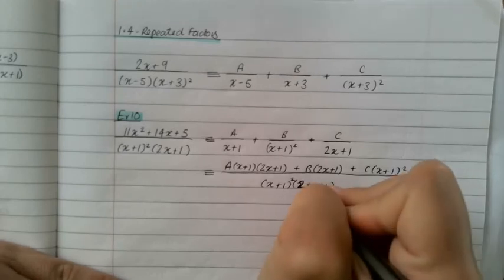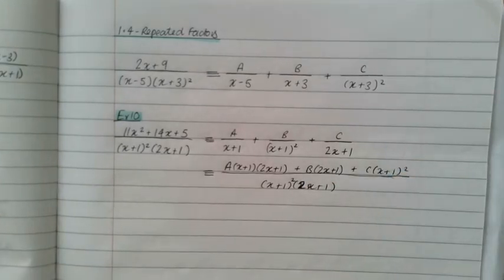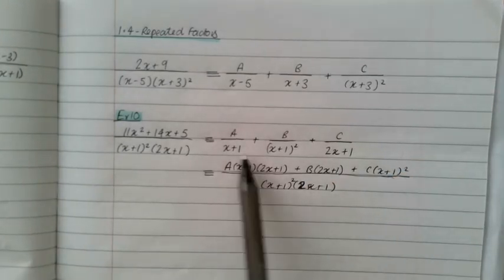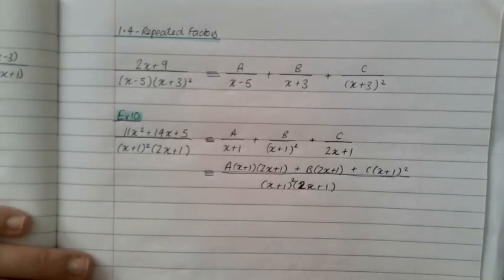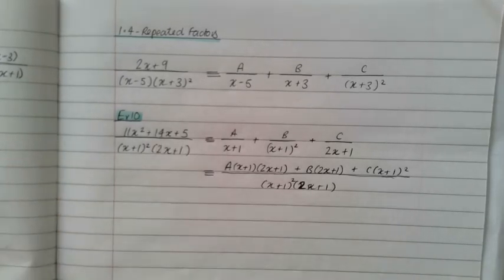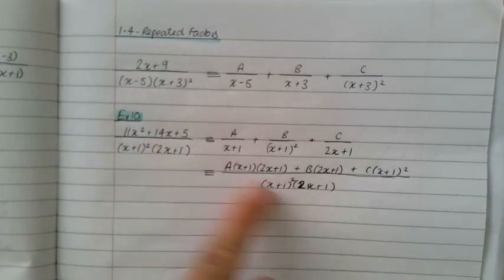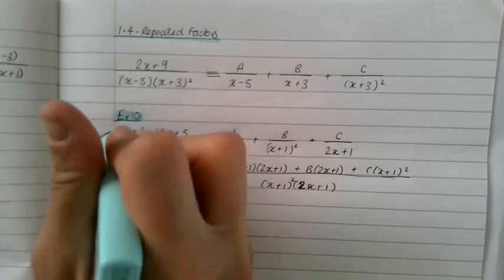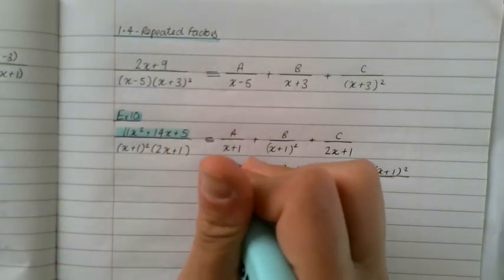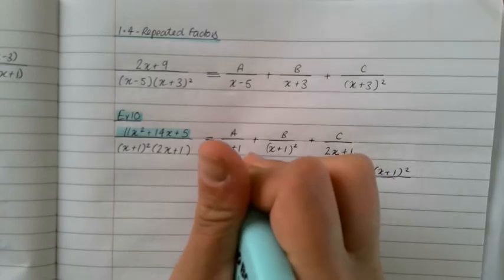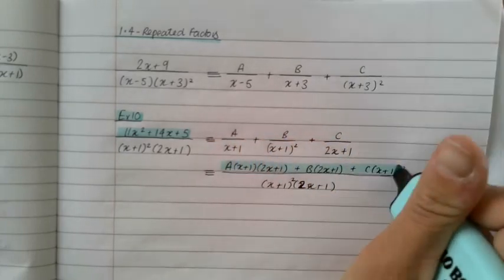There we go. So that is our common denominator, and we have multiplied each partial fraction by the factor that it needs to be multiplied by. So from this we can deduce that our two numerators are equivalent because our denominators are equivalent. So from this we can tell that 11x squared plus 14x plus 5 is equivalent to this here.